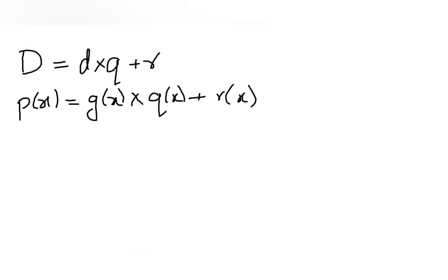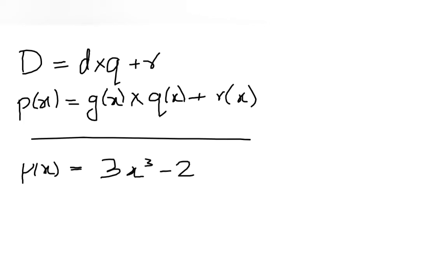So what I mean is, suppose we have a polynomial p of x, which is 3x cube minus 2x square plus x minus 9. So this is a polynomial which we want, because here the powers are x cube, x square, x and nothing. So this is in decreasing order, and hence we need this one.